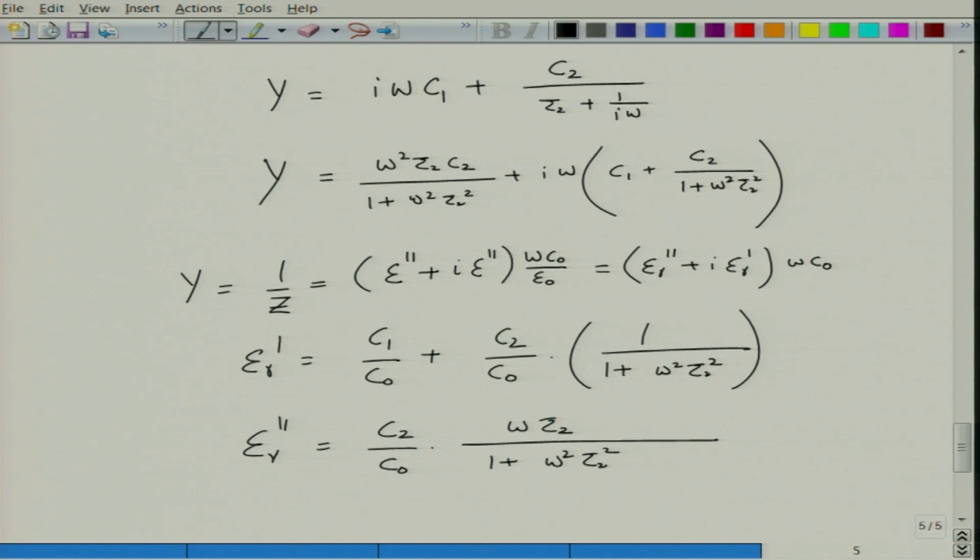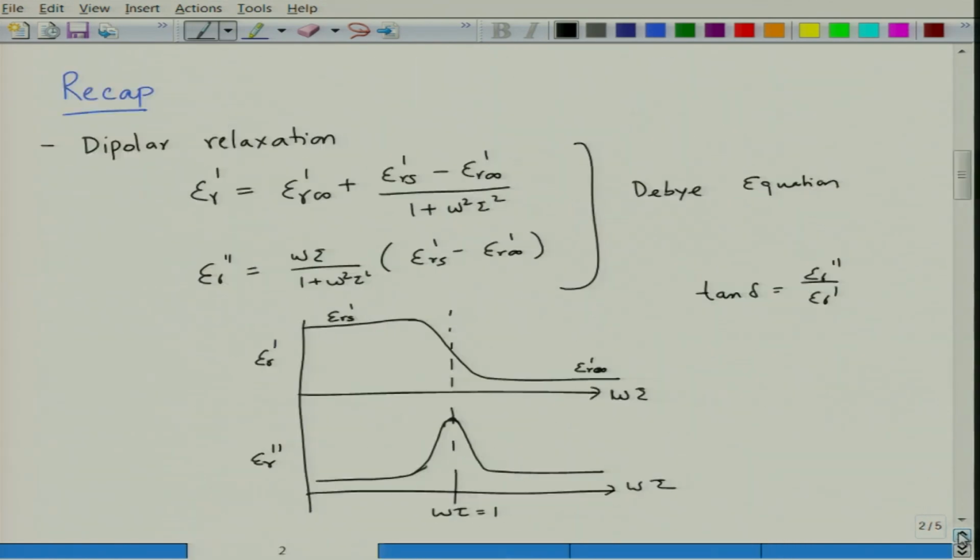Now this is very similar to what we saw earlier. Earlier we said that epsilon r prime is equal to epsilon r infinity prime plus delta epsilon, which is basically static minus infinity, low frequency minus high frequency, divided by 1 plus omega square tau square.